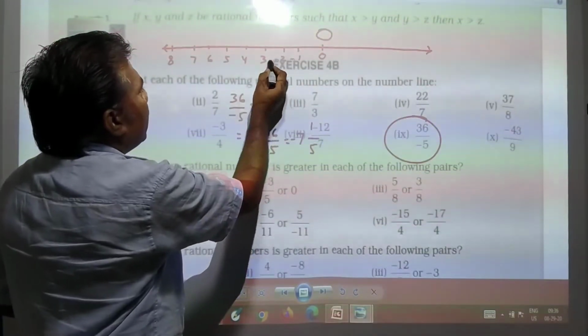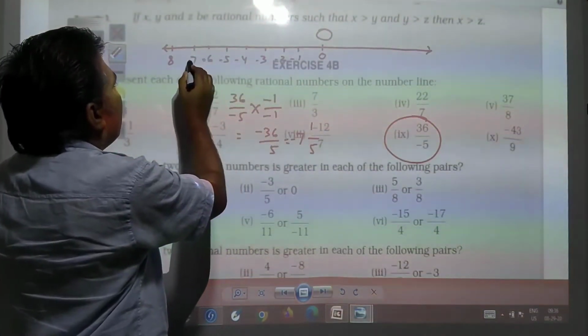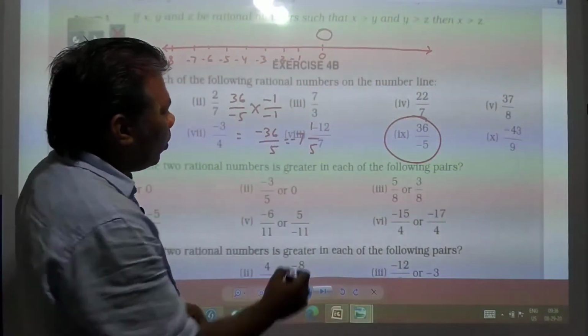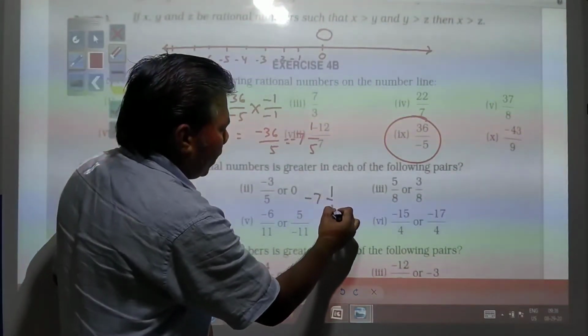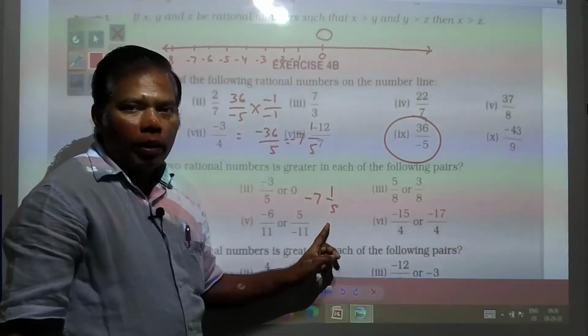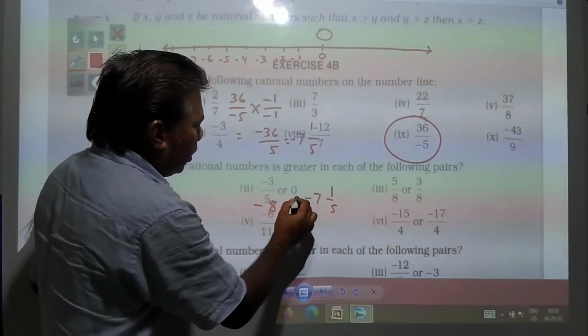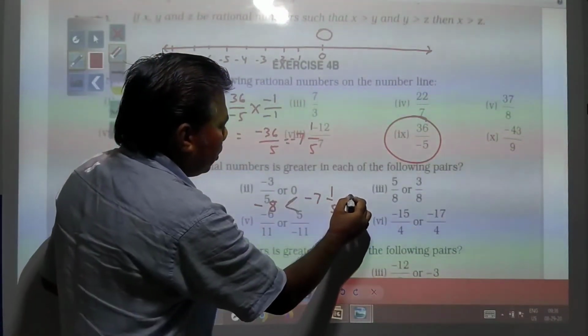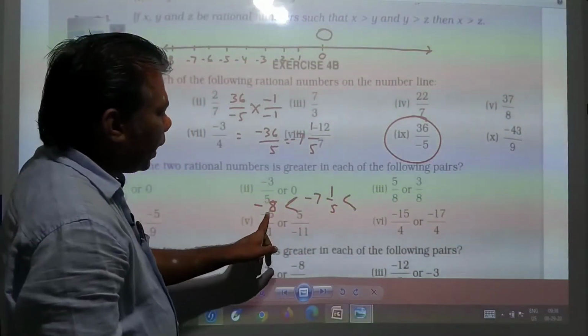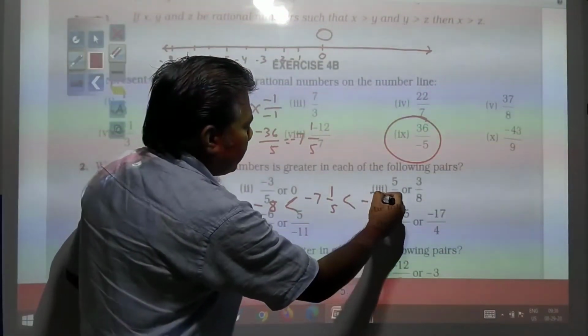These all will be negative, like this. Now minus 7 whole 1 by 5 will be in between minus 8 and minus 7.